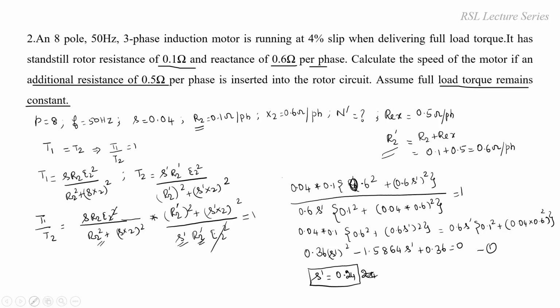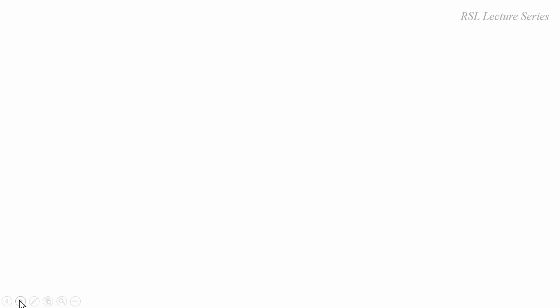Now we have to find out N dash. The N dash formula is N dash equals Ns into (1 minus S dash). First we find Ns, the synchronous speed, 120 f by P. So 120 into 50 divided by the number of poles, which is 8, equals 750 RPM.